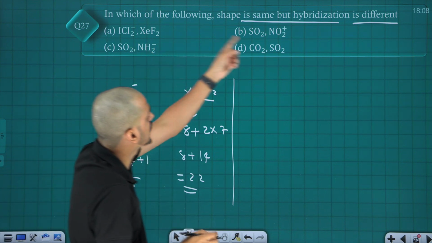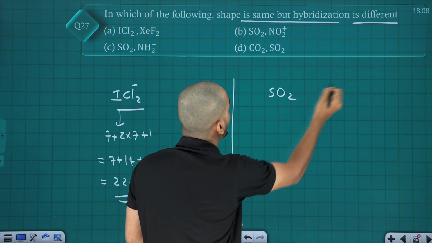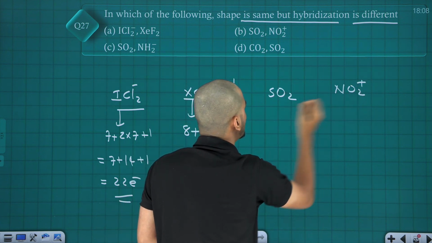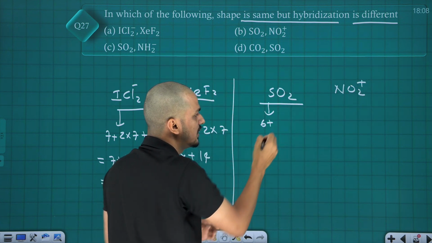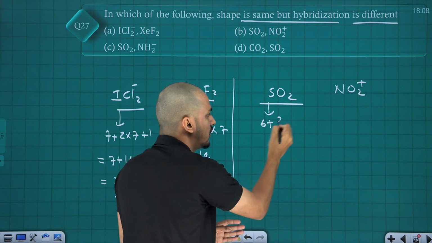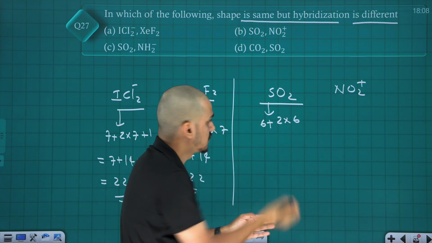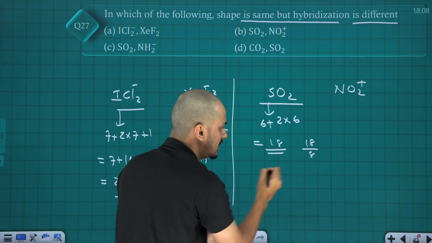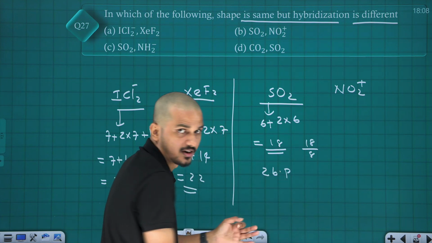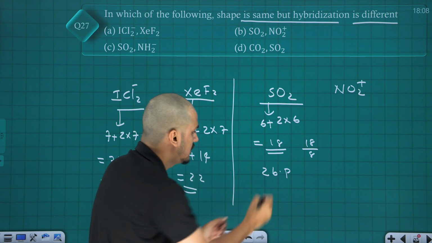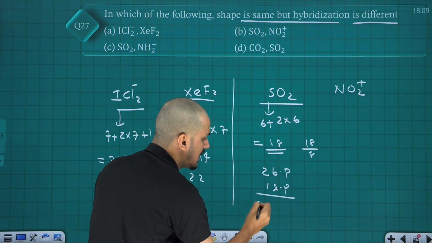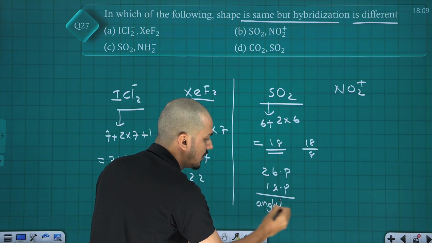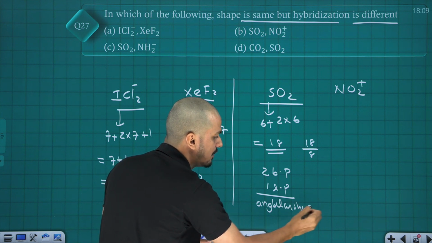Next, what about the next one? SO2 and NO2 plus. See, SO2 means sulfur valence electron is 6, oxygen 2 into 6, so total 18. 18 divided by 8 means 2 bond pairs, 16, then the remainder is 2, which means 1 lone pair. So that means angular shape. What about the hybridization?